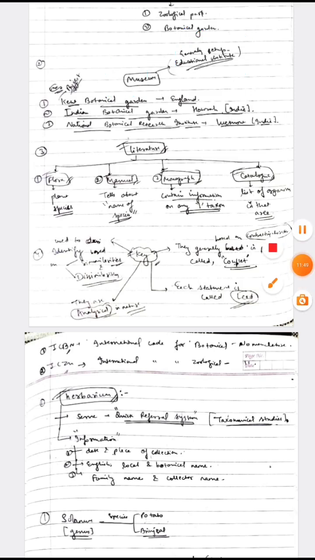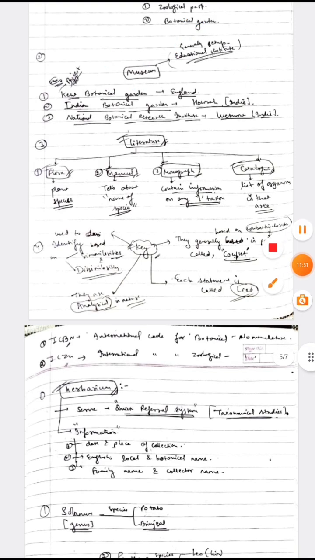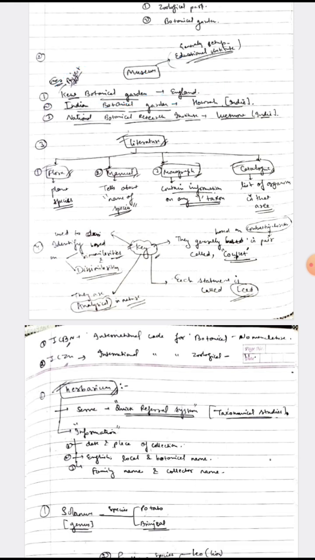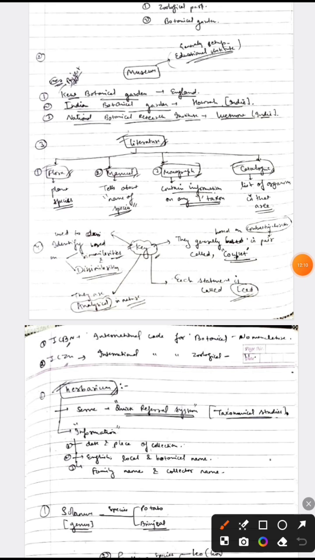There are three major places which were asked by NTA in the NEET exam. First is the biggest botanical garden, where it is situated. Kew is the biggest botanical garden, which is present in England. That is the biggest botanical garden, Kew.